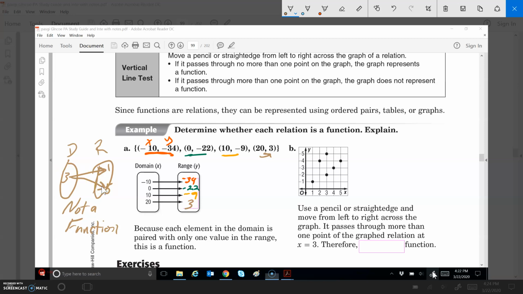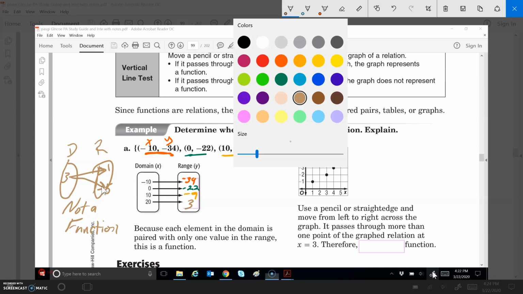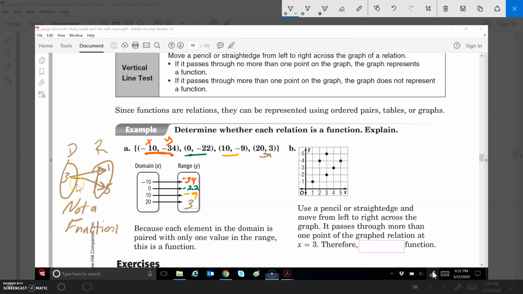We're not having any out-of-body experiences. So it is a function when one person, one room. It could also be a function if I have this. Can we have 3 people in one room at the same time? Sure, as long as it's not like a closet or something.